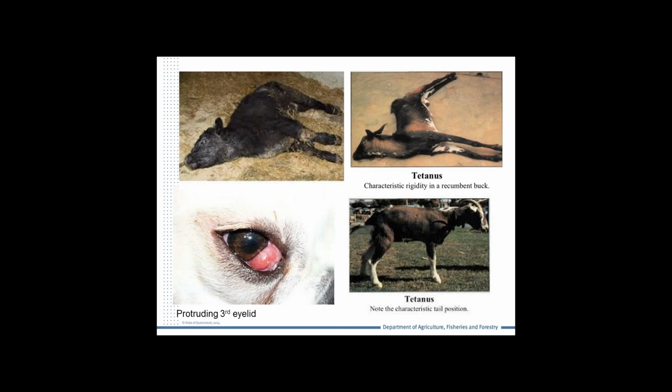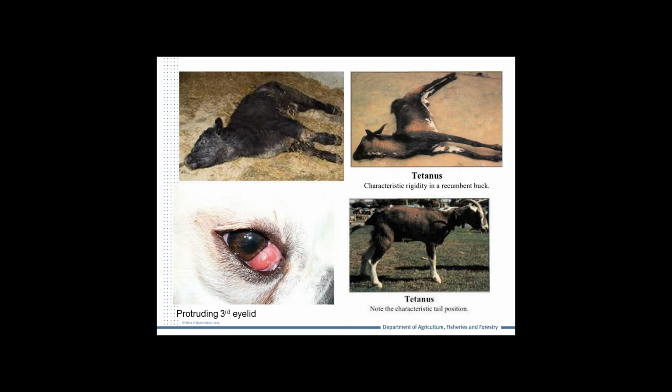You may also see twitching and tremoring of the muscles, and they also get what they call a locked jaw, and probably most people have heard of that. It's where the jaw doesn't open as much, and that's a result of the spasms of the muscles of the jaw. You also get a prominent third eyelid, which is what this picture here is showing. You may get an unsteady gait, and often the tail is held stiffly out behind it, as you can see in this goat here.